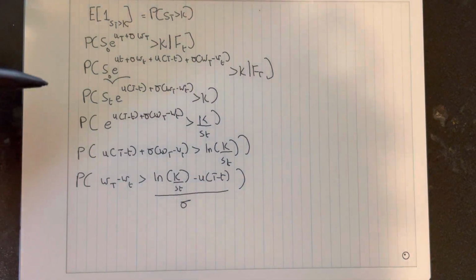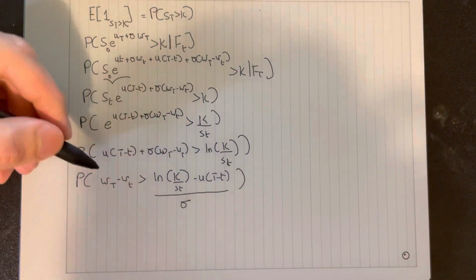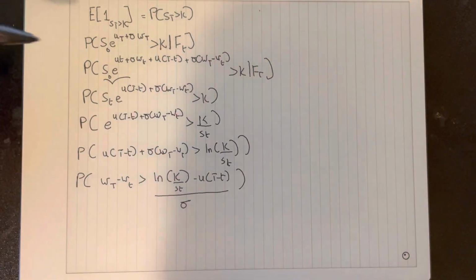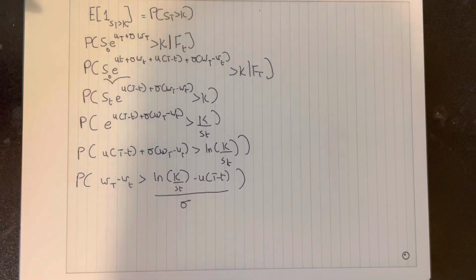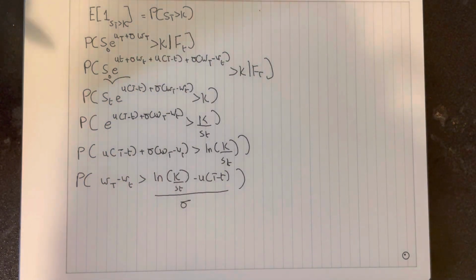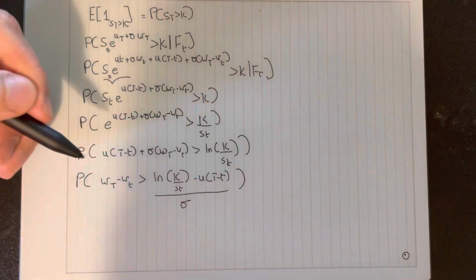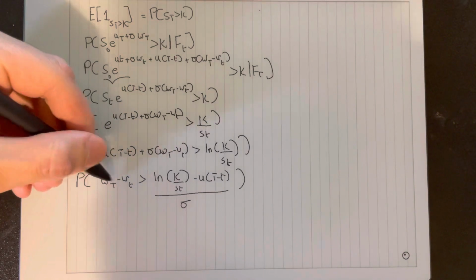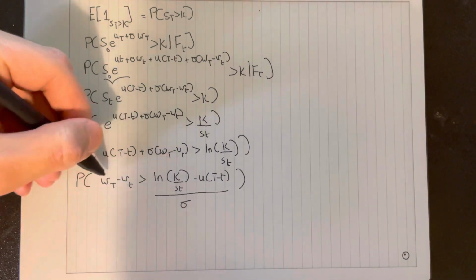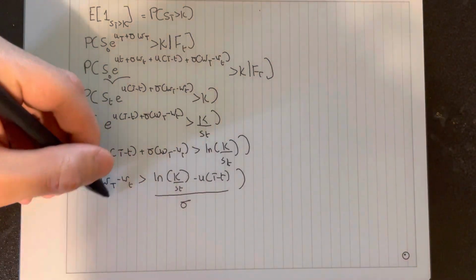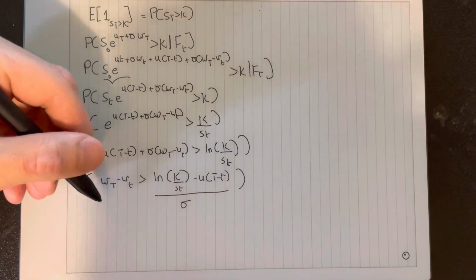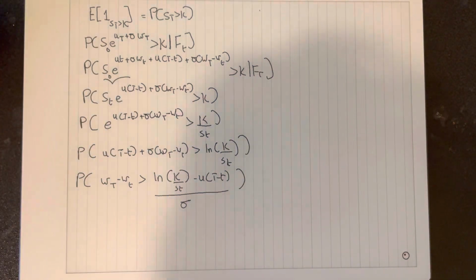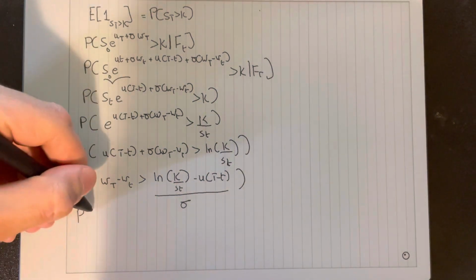And now we recall that the increments of the Brownian motion are normally distributed with a mean of 0 and a variance equal to the time period. So what we want to do right now is standardize this, basically dividing this normally distributed variable by σ times the square root of the time step, which would enable us to have a standard normal distribution. So let's do that.